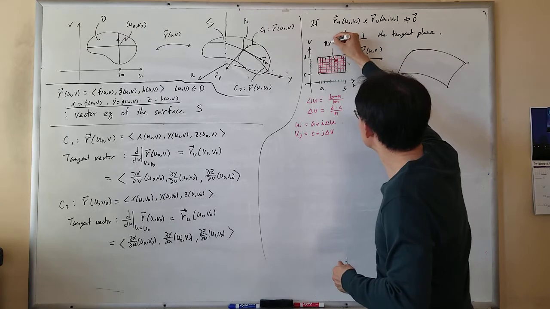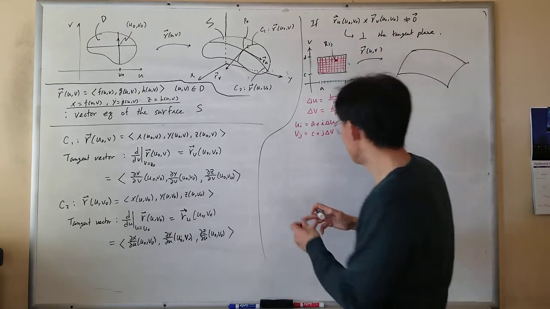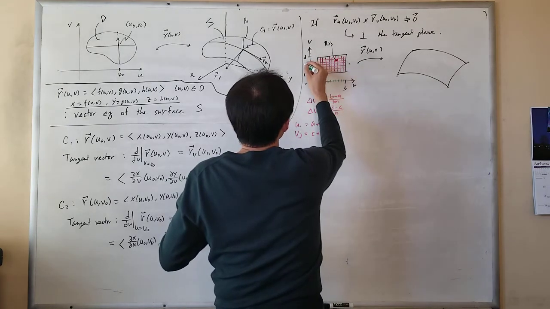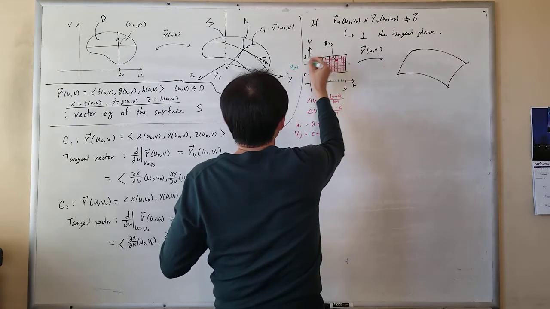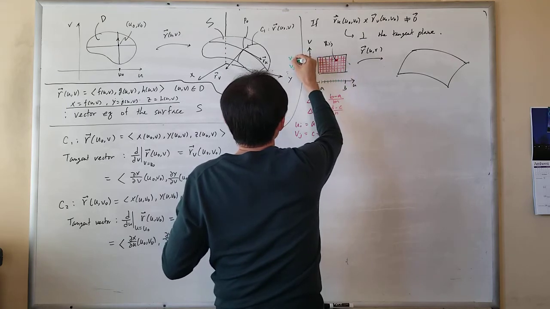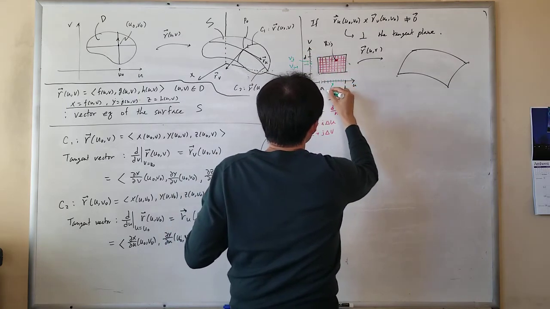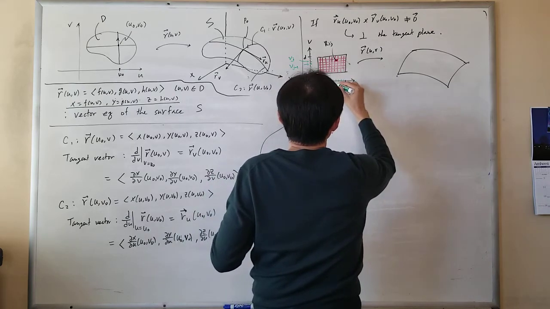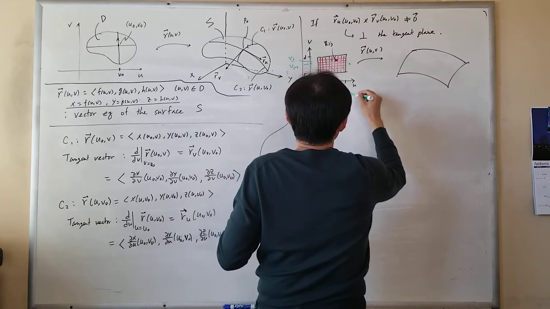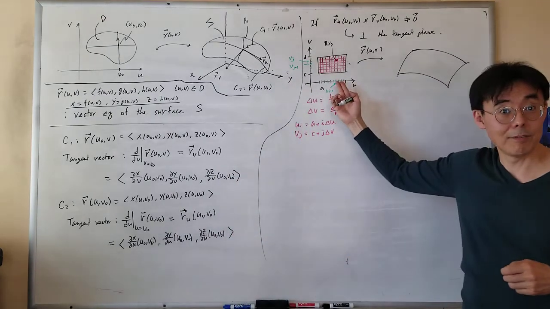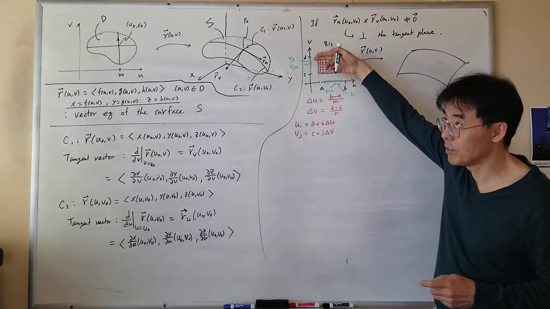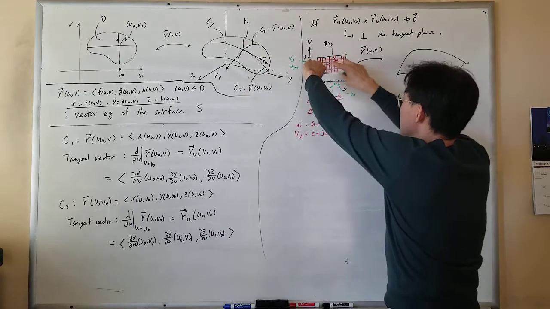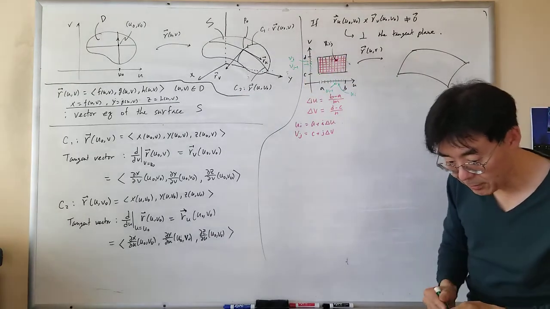This is the subrectangle R_ij corresponding to v_{j-1} and v_j here, and u_{i-1} and u_i here. The i-th subinterval cross the j-th subinterval, this is the R_ij subrectangle.